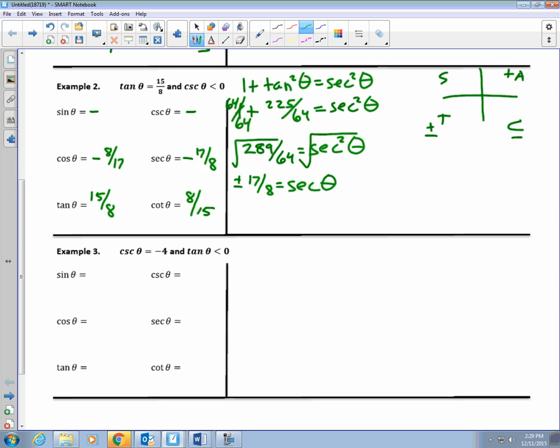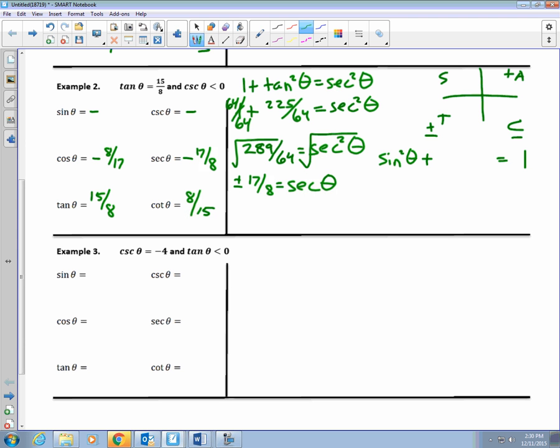What I can do now is find sine. I'll choose to use sine squared plus cosine squared is equal to 1. If I square a negative, it becomes positive.